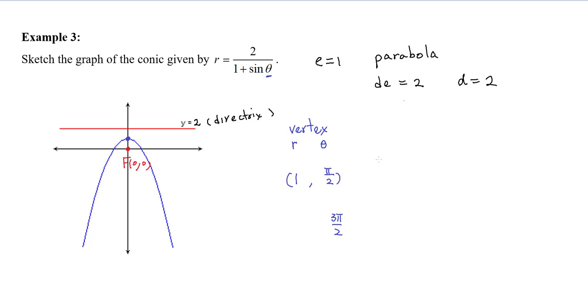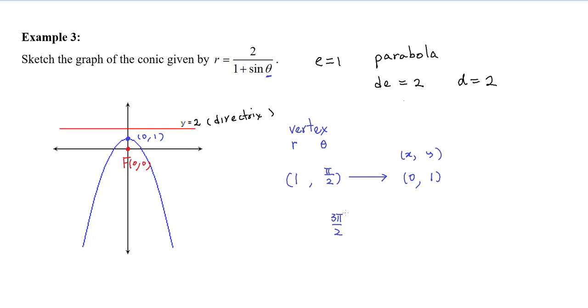So I can automatically convert this to an xy, rectangular coordinate. Since it's on the y-axis, the x coordinate must be 0. The distance from the pole, 0, 0, to the vertex is 1, an r value of 1. So that point is 0, 1. That means this vertex is simply 0, 1.